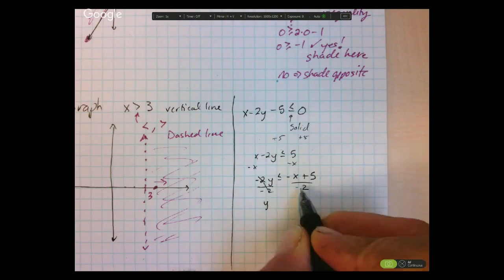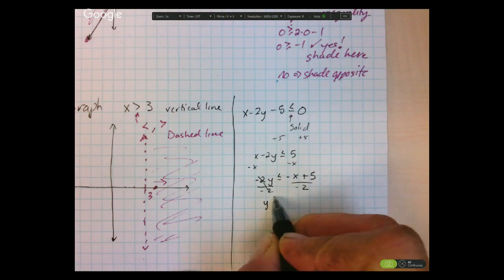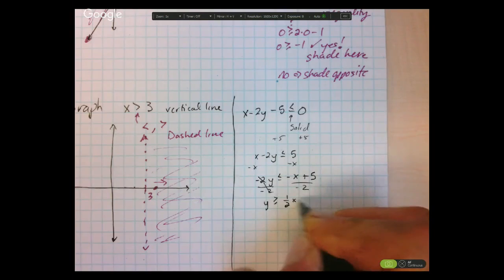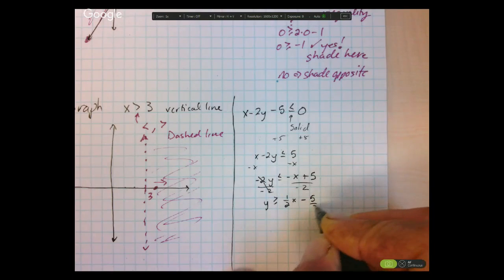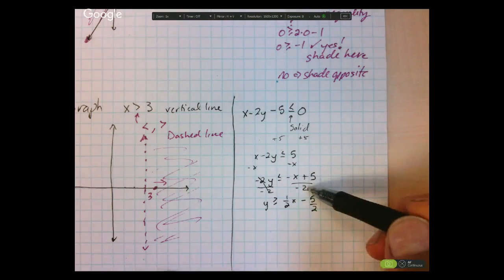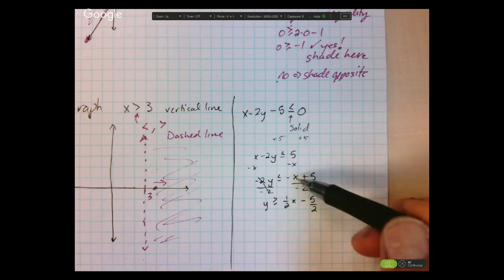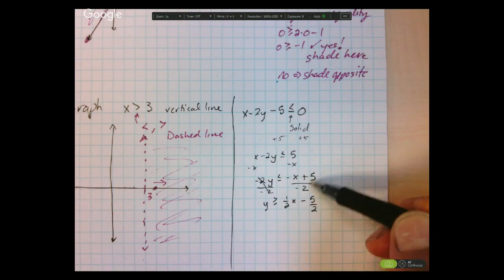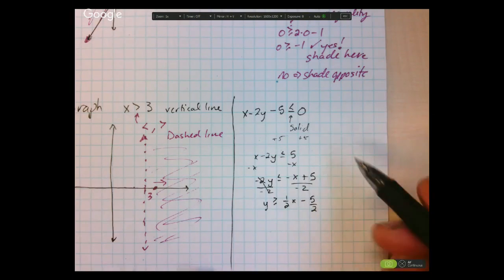Remember, when you divide by a negative across an inequality, it switches the sign. And I prefer to divide the 2 into each term. So this is -1 over -2, which is 1/2 x, and then 5 over -2 is minus 5/2.